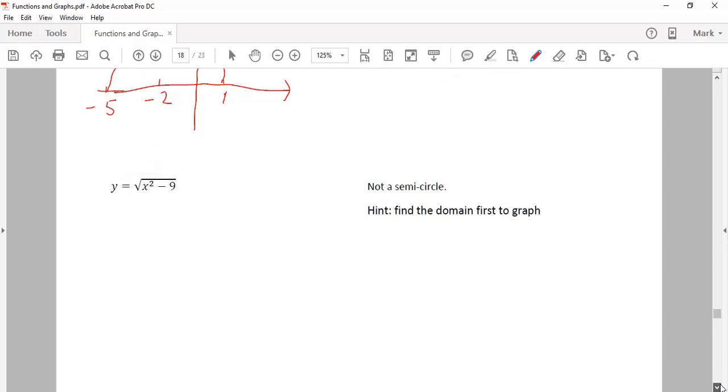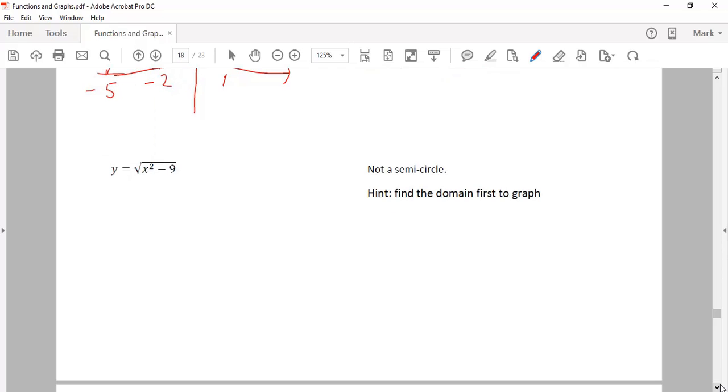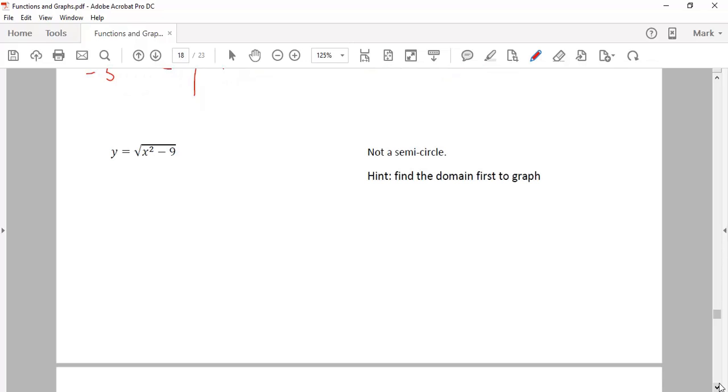Alright, so this next one, it's not a semicircle, but I just put it in anyway. So the hint says to find the domain first. So we know that x squared minus 9 has to be greater than or equal to 0. So let's just solve this. So pretty much we know that x has to be greater than 3, or has to be less than negative 3.